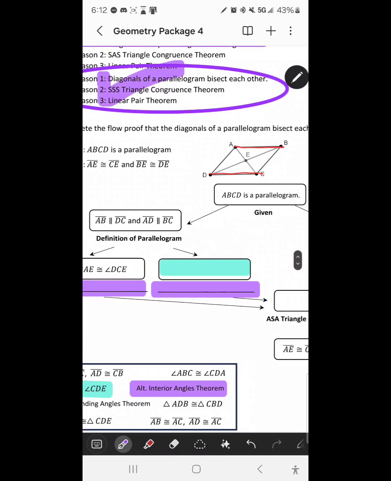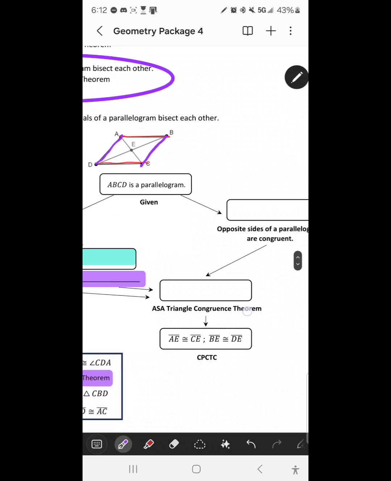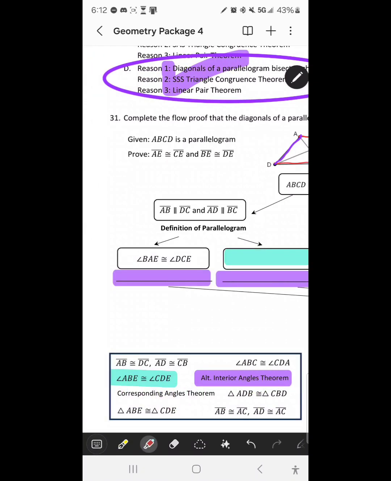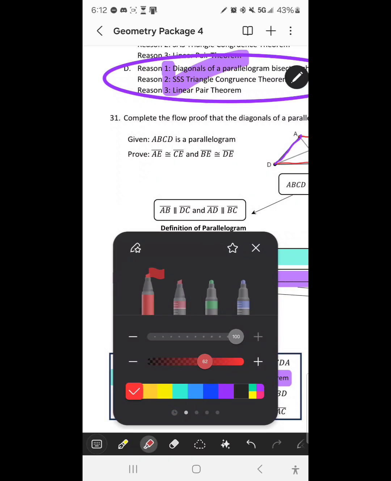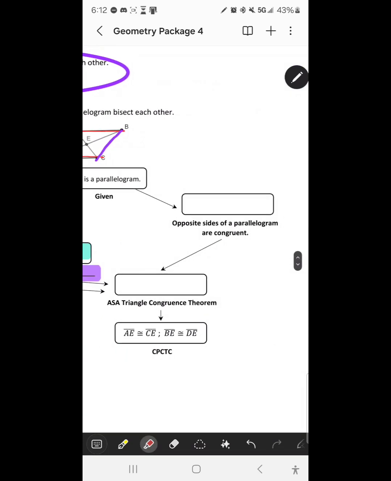This is AD, and this is BC, which is also true. Opposite sides of a parallelogram are congruent. So this is going to be my statement for here.